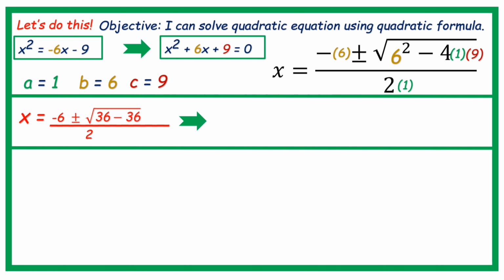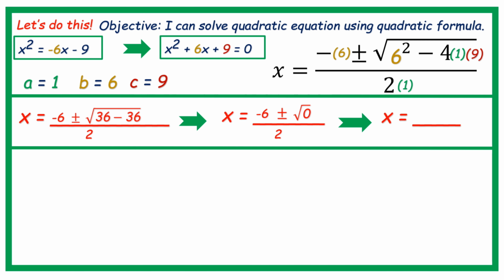Let's proceed. x equals negative 6 plus minus square root of 36 minus 36, which is 0. We write square root of 0. Then copy 2. Just like that.